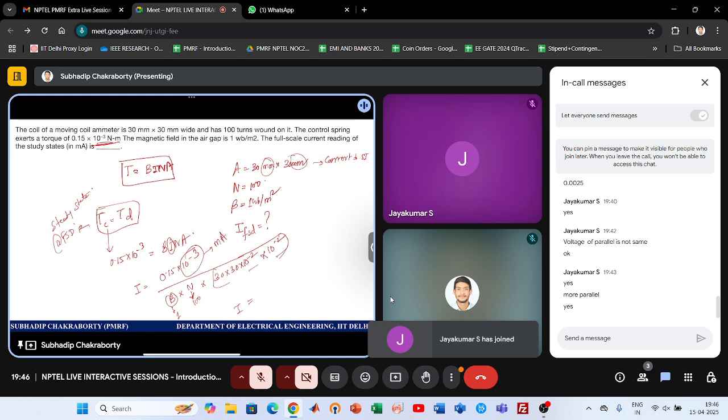We want milliampere, so if we calculate, it is coming 0.15 divided by 100 divided by 900 multiplied by 10 to the power 4, right? So around 0.0167 milliampere.